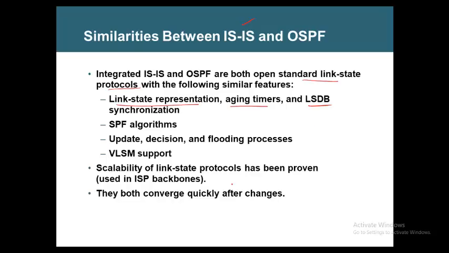Both take decision based on the LSDB. Flooding using the layer 2 multicast address, not broadcast. Both support VLSM, both are scalable. That is why we see in ISIS. Both are very fast in convergence. These are all similarities.